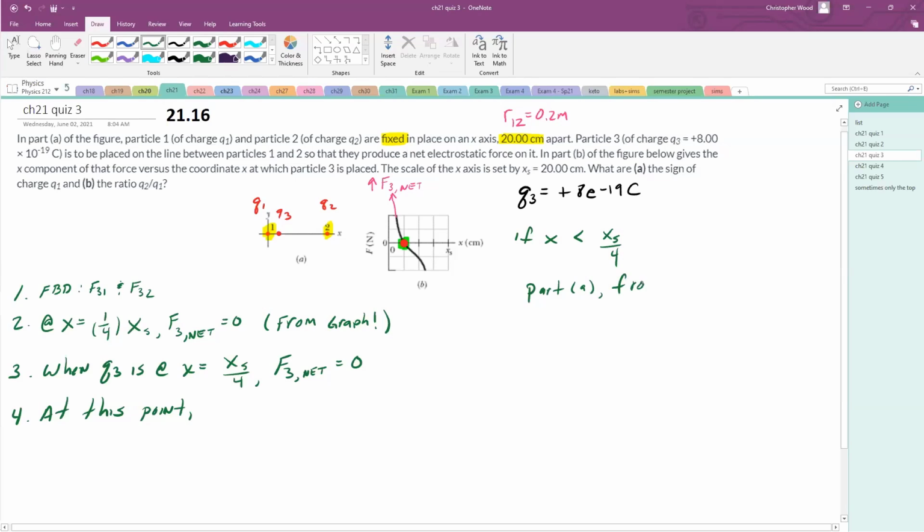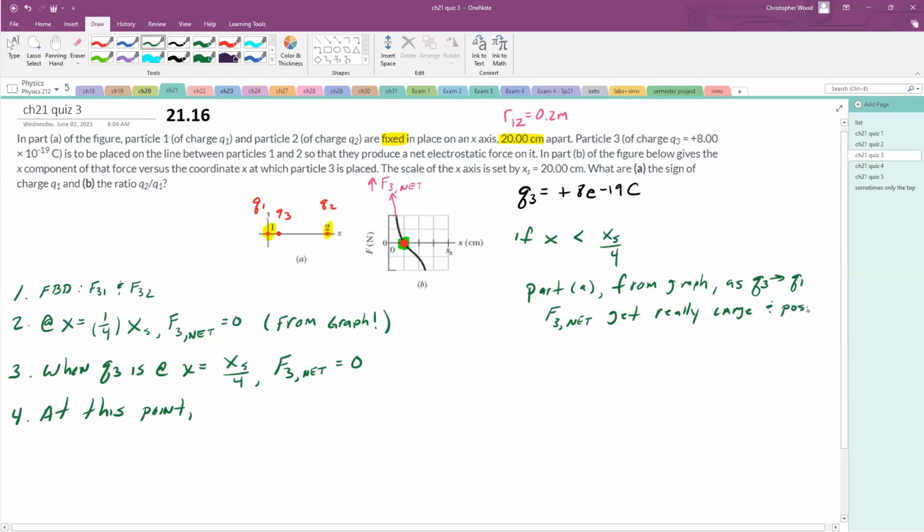From the graph, as particle 3 approaches particle 1, the net force on 3 gets really large and positive.